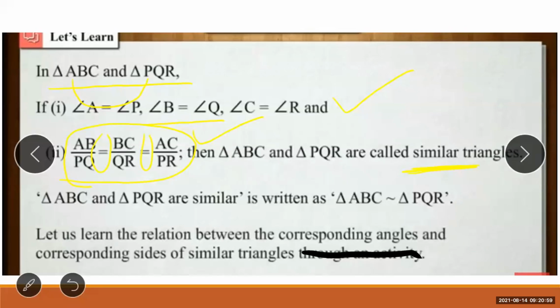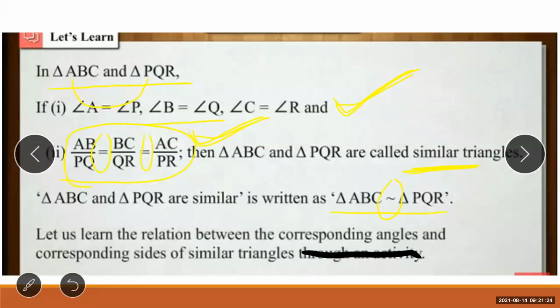If similar, then the angles will be congruent and the ratio of corresponding sides will be equal. It goes vice versa.